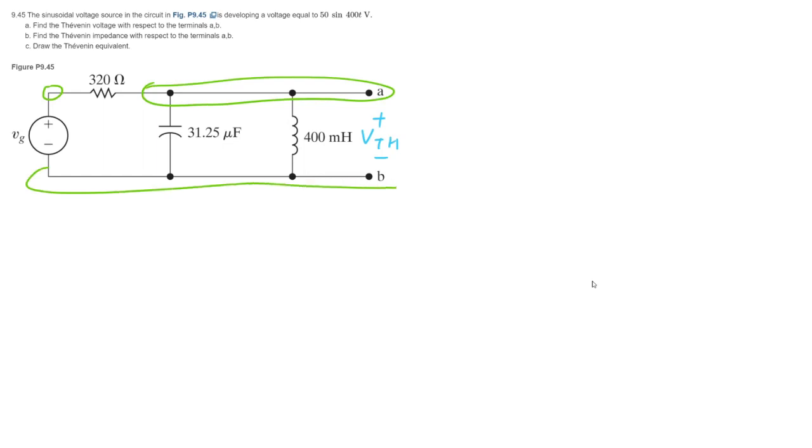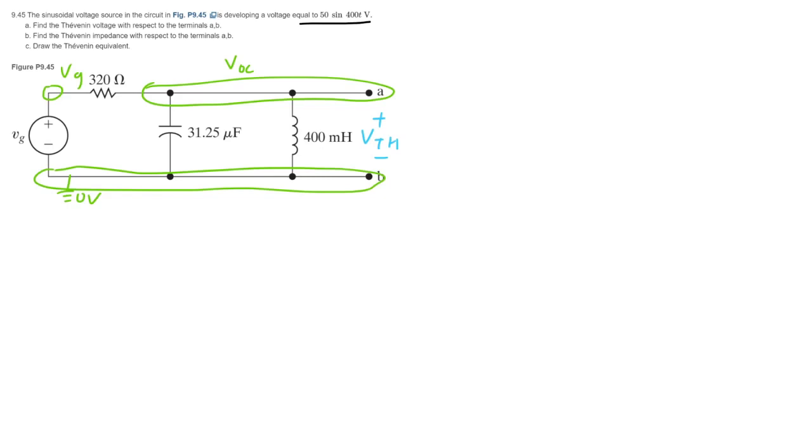If we call this our ground, we draw that a little bit better. Okay. So we're given VG and we'll call this V open circuit. The sinusoidal source is developing this voltage. Now, I'm going to translate that quickly to cosine.